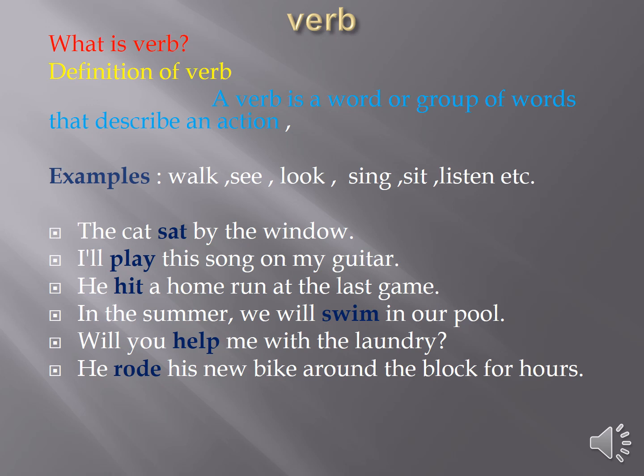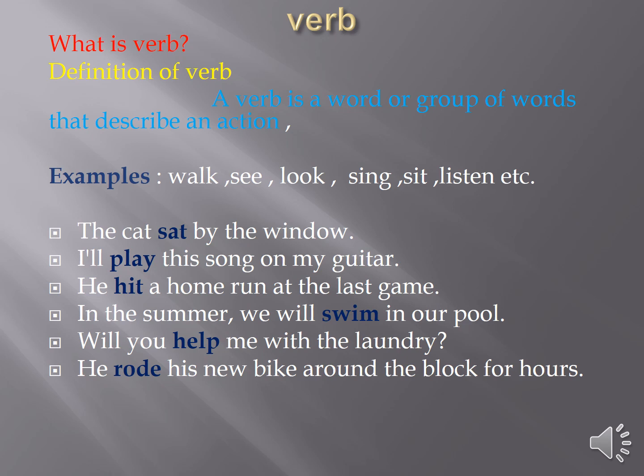So for example, walk, see, look, sing, sit, listen, etc. I repeat the examples: walk, see, look, sing, sit, listen, etc. So these are the examples of verb which show us an action, what action is happening.